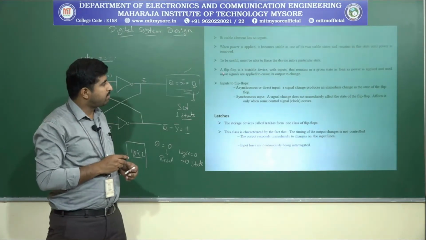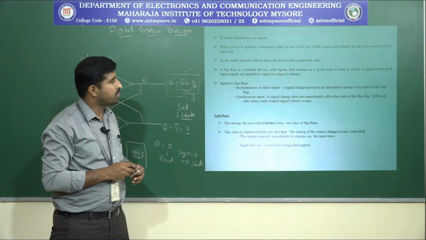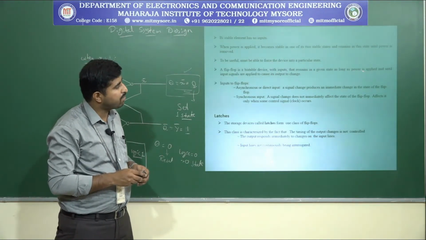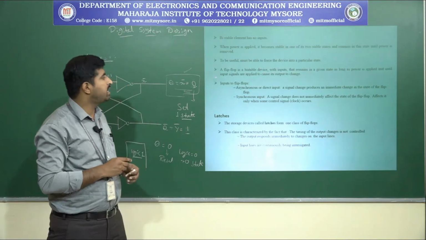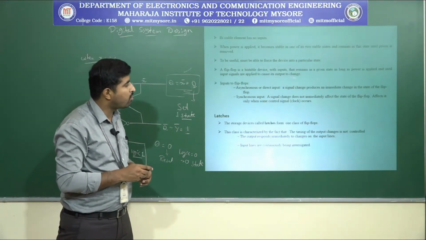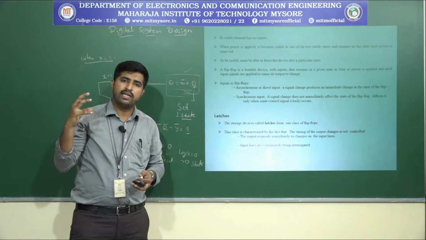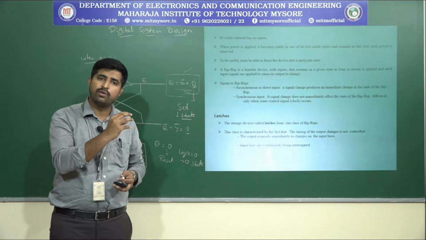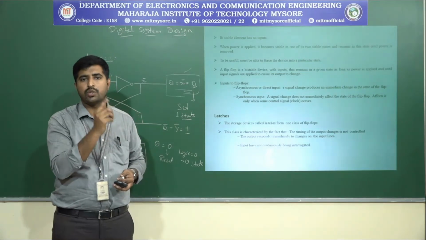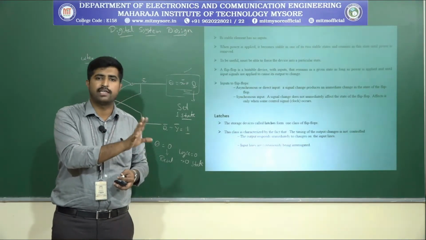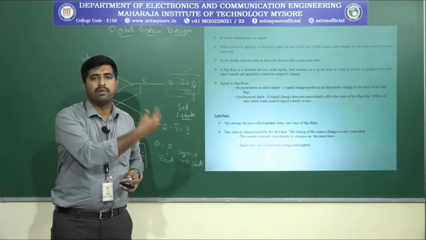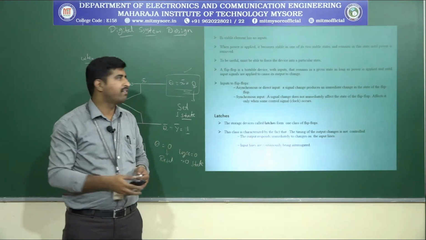So a flip-flop is a bistable device with inputs that remains in a given state as long as the power is applied and until the input signals are applied to cause the output to change. Until there is no change in the inputs or the power, we give the same output: logic 1 stays logic 1, in set mode. When the inputs change, the output may change. That is a flip-flop.